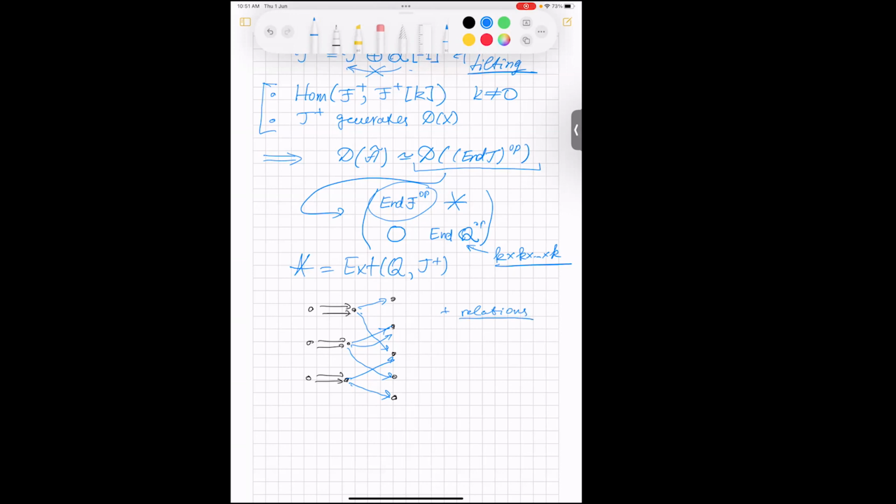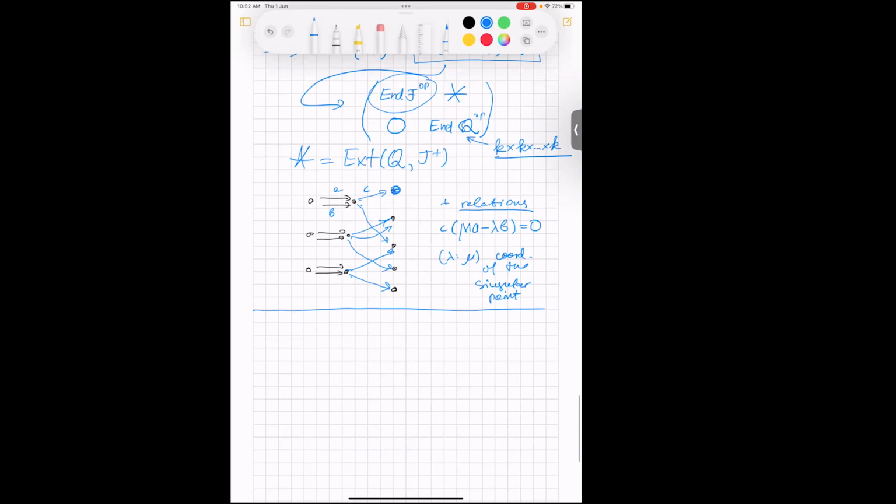Relations are: if we have here A, B, C, then the relations are C times (mu A minus lambda B) equals 0, where lambda, mu is the coordinate of this singular point, the correspondence of this singular point. So a very simple picture.